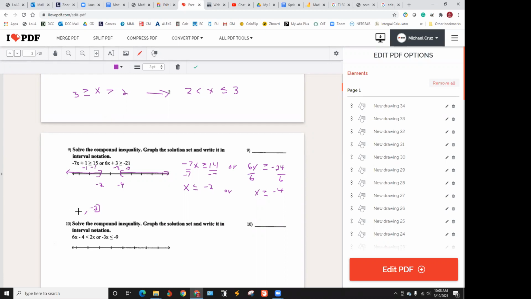So that's where negative infinity is at. Infinities always take a parentheses no matter what, because we never get there. You cook these two together, the or, with that u thing. And then this is going to be the -4.